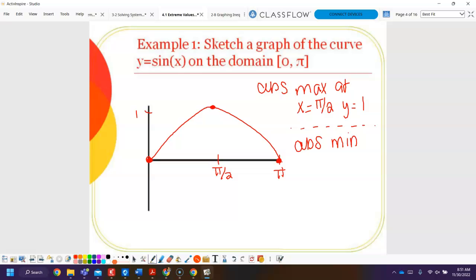Because they are both at 0, you have two absolute mins, because the absolute minimum is with respect to the y value. So if it said, do you have an absolute min? The answer is yeah, I have an absolute min at y equals 0. That is the lowest point. It's just that it occurs twice.